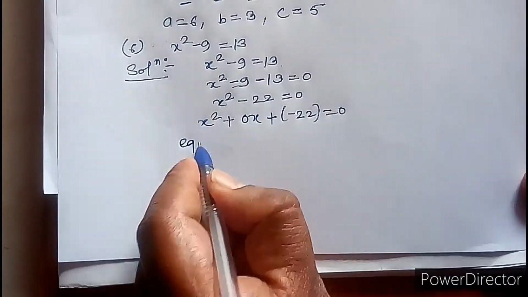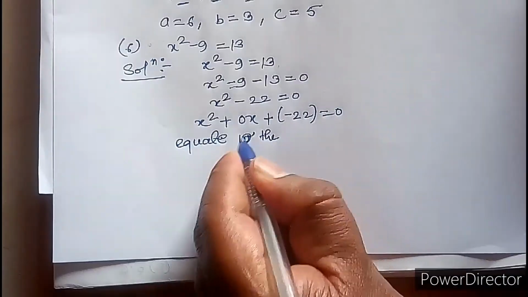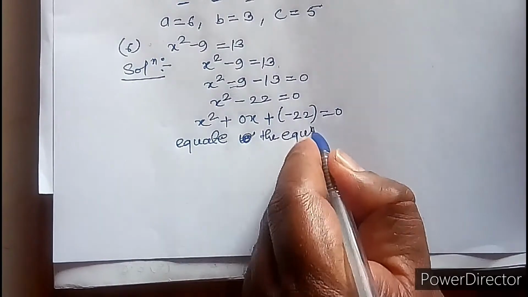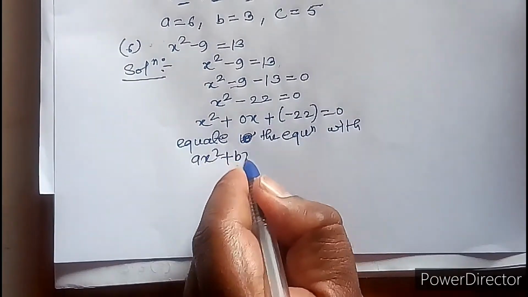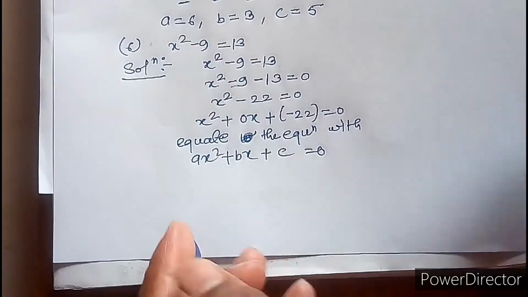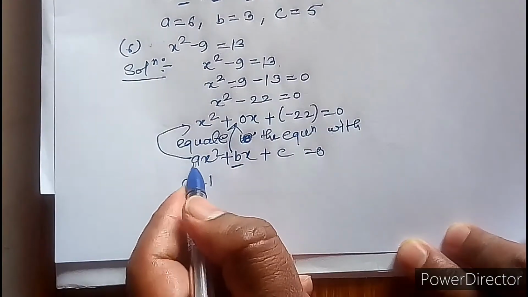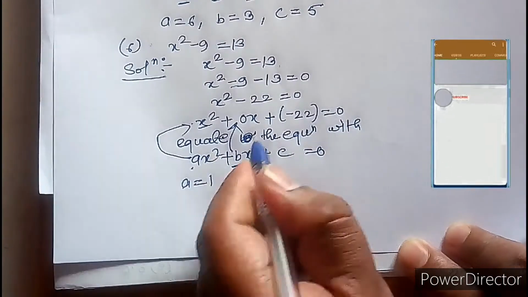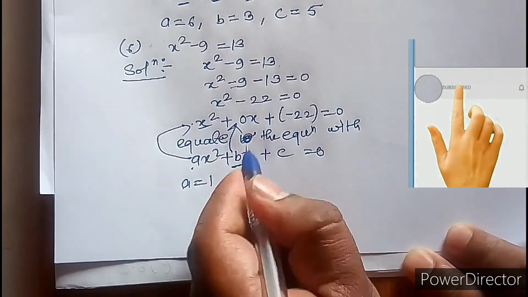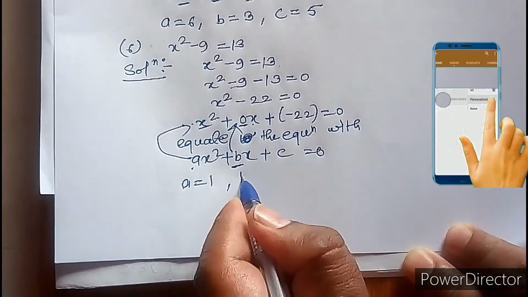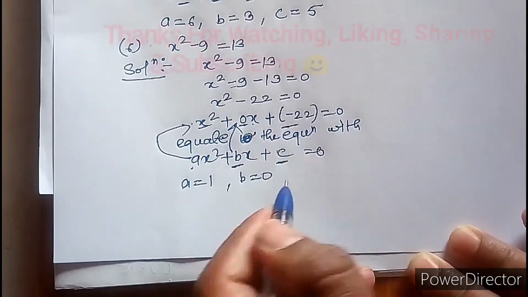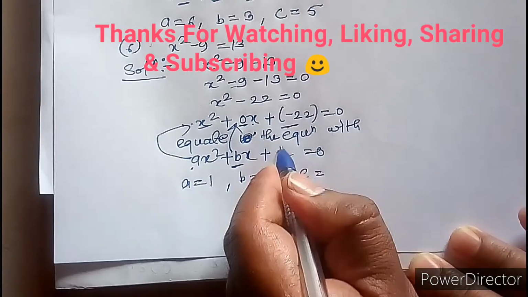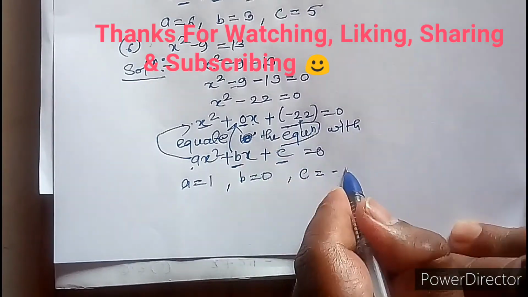Now equate the equation with ax square plus bx plus c equals 0. The value of a, that is the coefficient of x square, is 1, the value of b, that is the coefficient of x, is 0, therefore b equals 0, and the value of c is minus 22, therefore c equals minus 22.